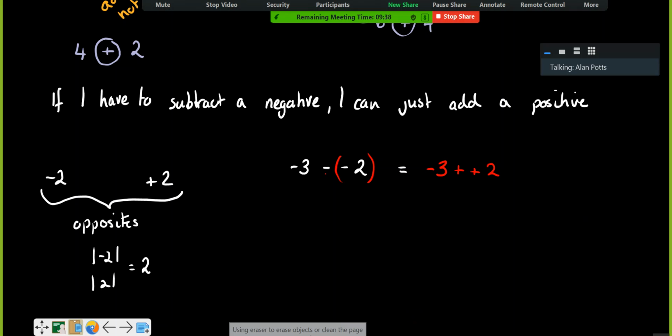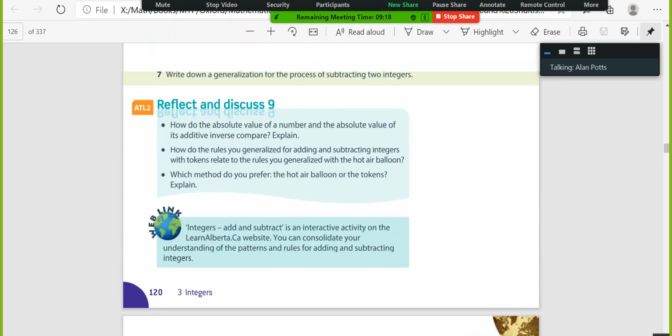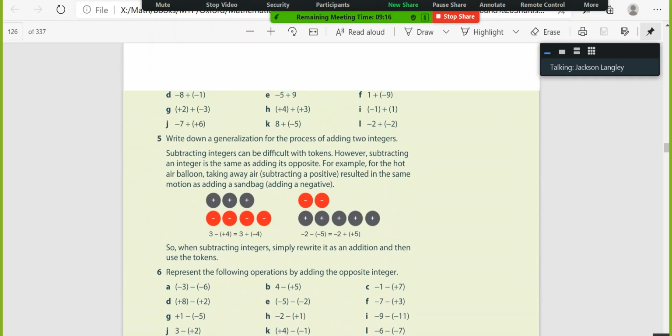But of course, we don't bother with the second positive. Well, this is just me making up questions at the moment, but in general, the page is page 120, that area.